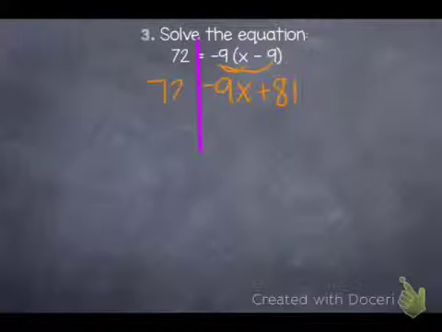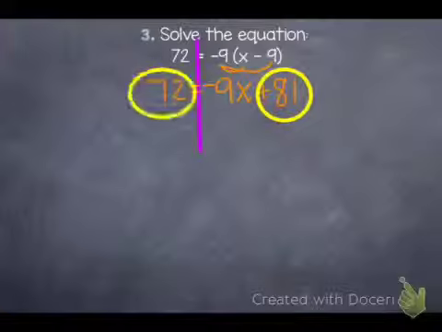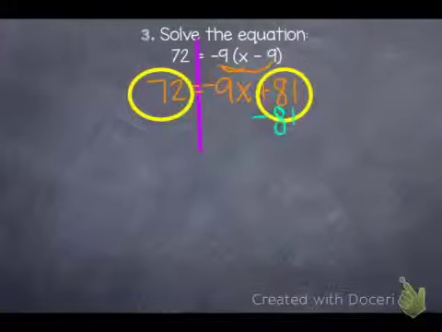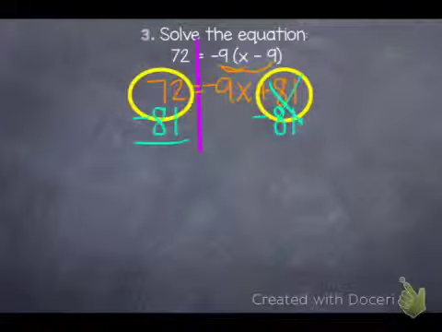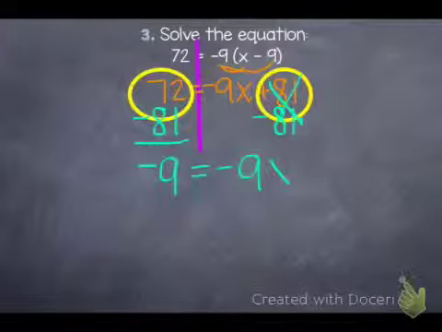Over on this side, I'm going to just bring down 72. So now we have a variable term, and we have 2 number terms. So I'm going to be moving a number term over with the other number term on the other side of the equation. So to move positive 81, I'm going to do minus 81. And I've got to do that to both sides. So when I do that subtraction, I end up getting -9, and then bring down on this side -9x.